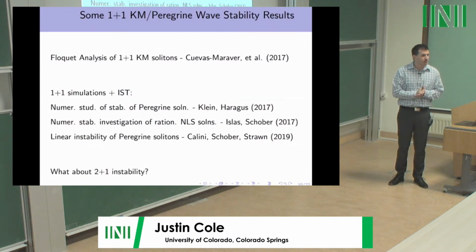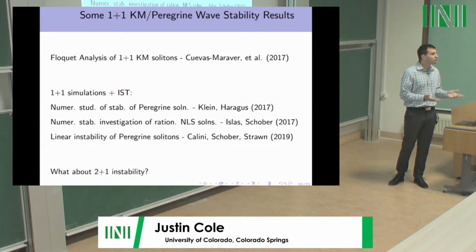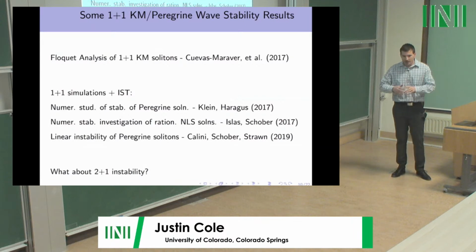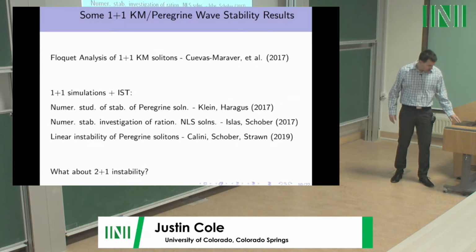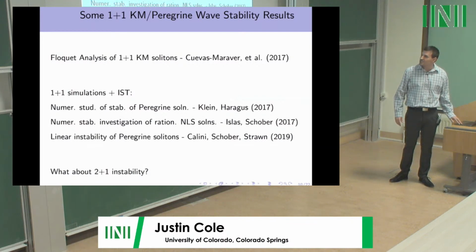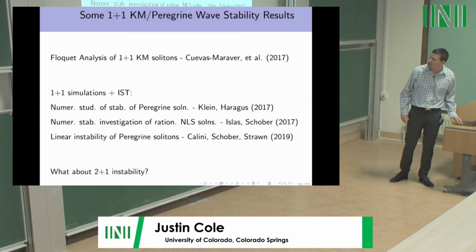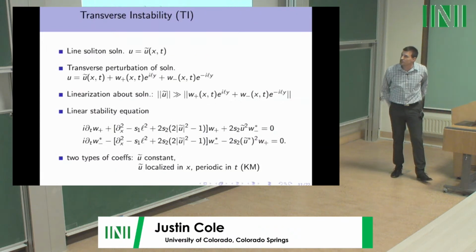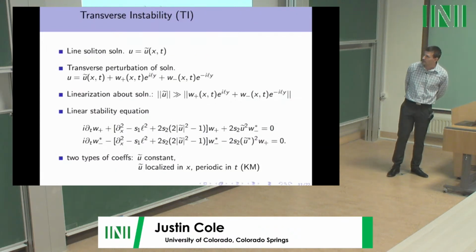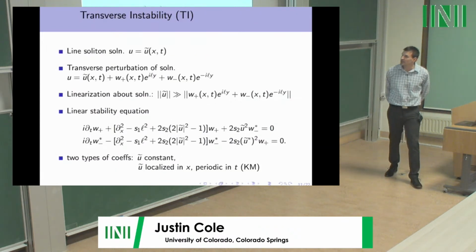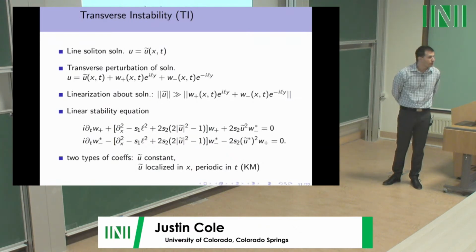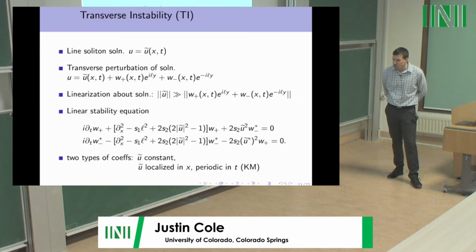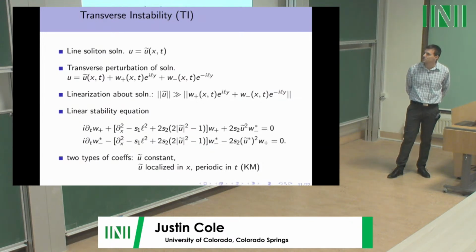The 1+1 stability problem of these Peregrine solitons had been studied already. What about the 2+1 case? If we're out in the middle of the ocean, there are two full transverse dimensions. What does the stability or instability profile of these solutions look like? So this is a question of transverse instability. What we studied was, consider a line soliton U. It would be one of the solutions I mentioned, or perhaps even a plane wave solution.